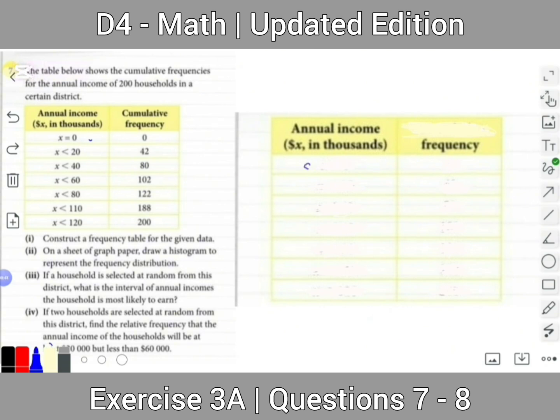The first class interval is from 0 to 20. The next one is from 20 to 40. The next one is from 40 to 60.